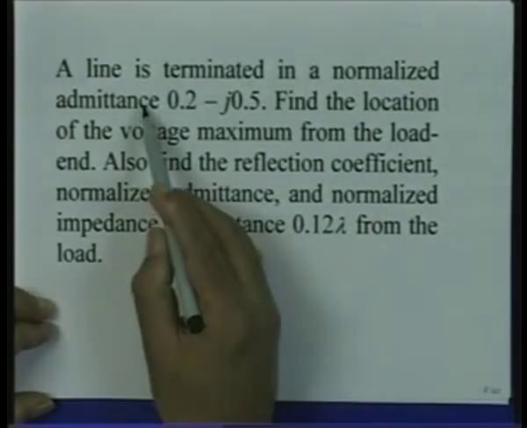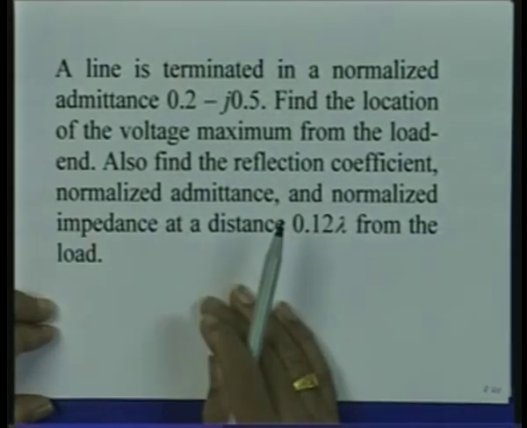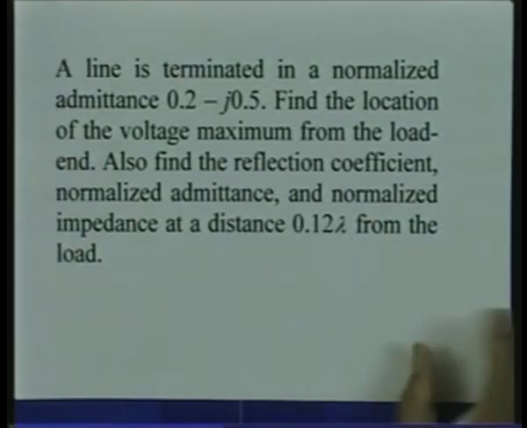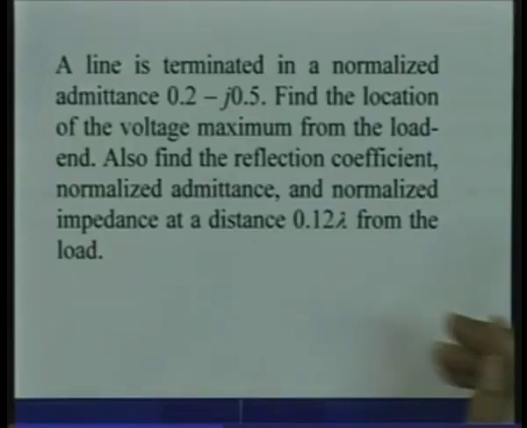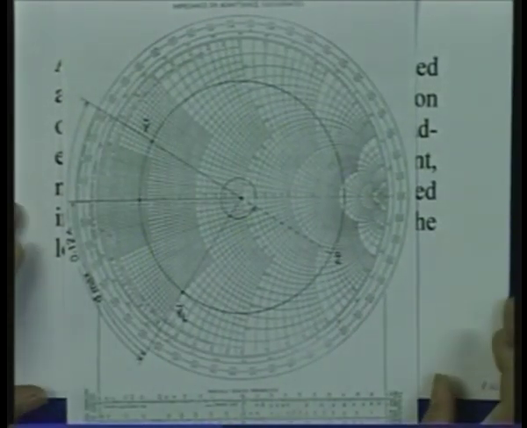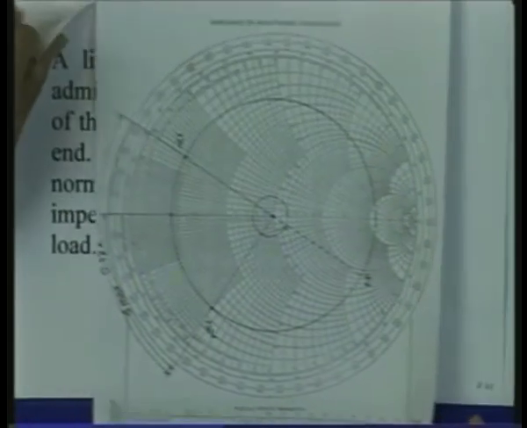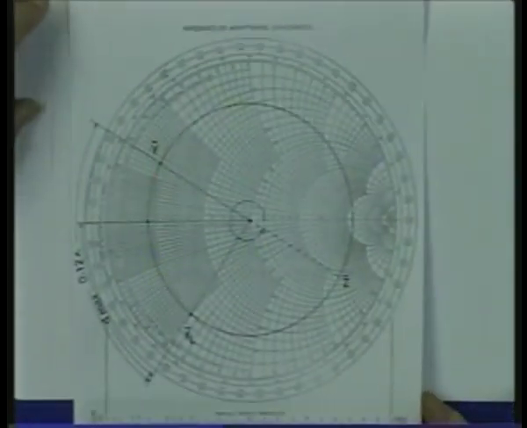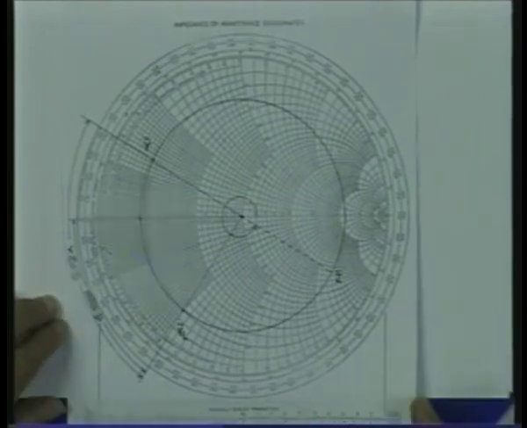So, in this case we are given the admittance, which is directly a normalized admittance. So, firstly what we are given is y bar, which is 0.2 minus j 0.5. Let us take the Smith chart. At the moment use the Smith chart as the admittance Smith chart. So, now the Smith chart is the admittance one.